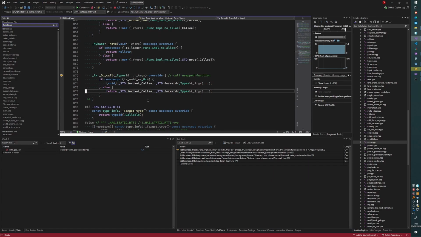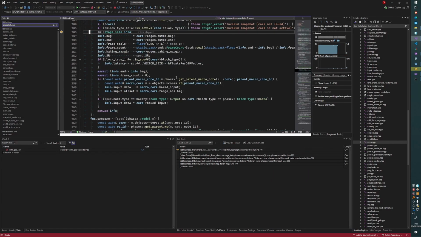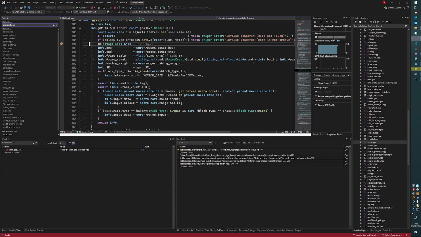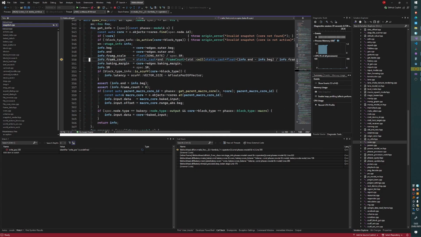Okay, let's have a look in here. Info frame count, divided by frame scale. Can't inspect any of this. 44,100.